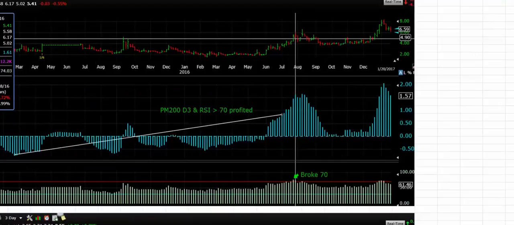Okay, so what we're looking at, this one, is a little bit different. If you notice at the MACD, I don't have a horizontal line.